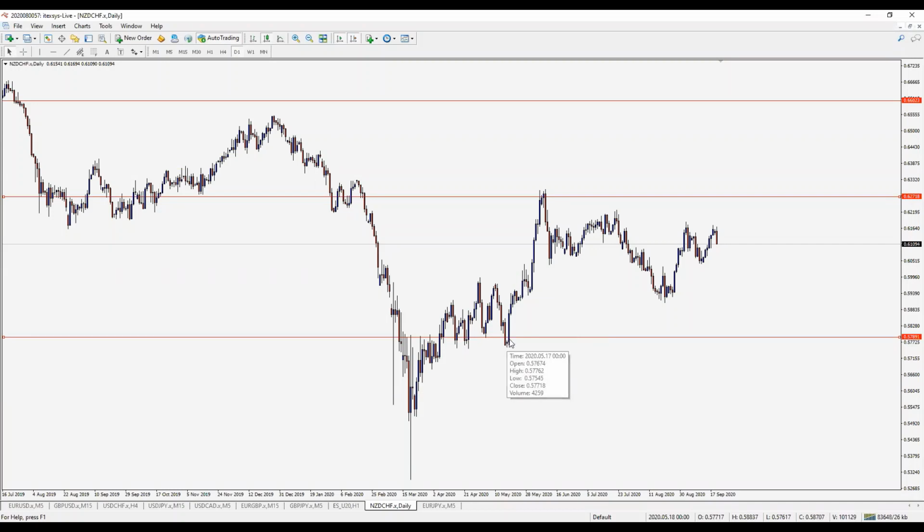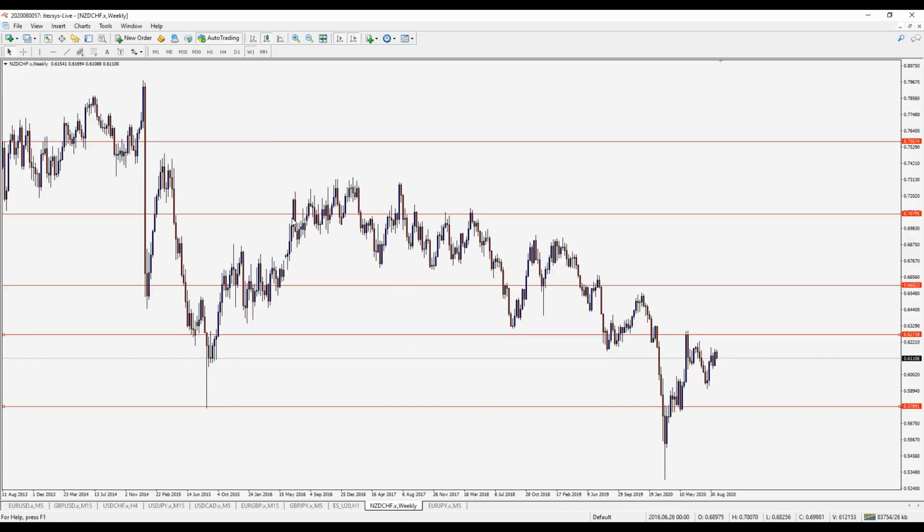It's also kind of a demand slash support, because it seems that all these levels are a reaction to this one. But still, it seems, at least in this daily chart, that the price just threw out from this level very aggressively and fast. So I would consider this maybe as a demand, but as you can see, the price is still far away from this level.